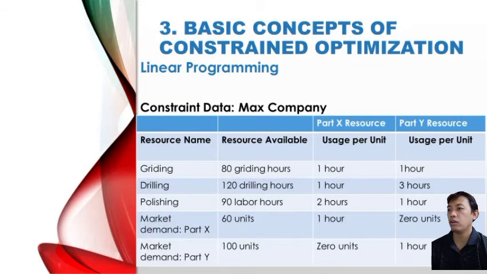In market demand for part X, the usage per unit is 1, while part Y usage per unit is 0. And then for market demand for part Y, part X usage per unit is 0, while part Y is 1 unit.